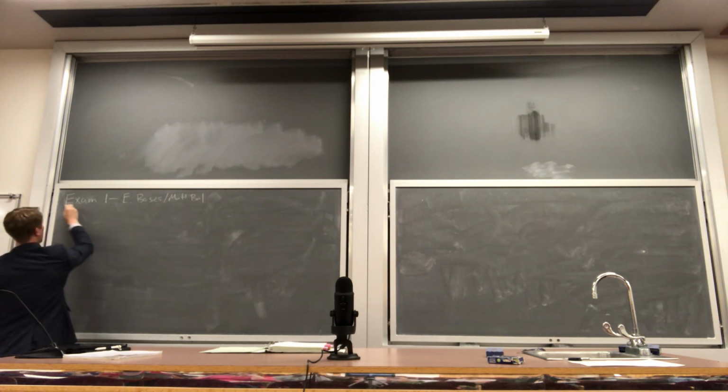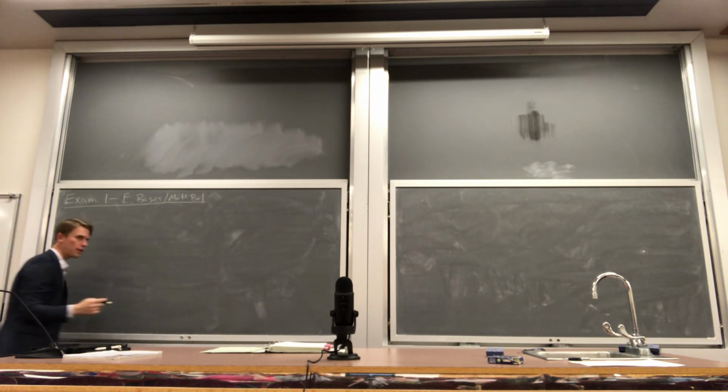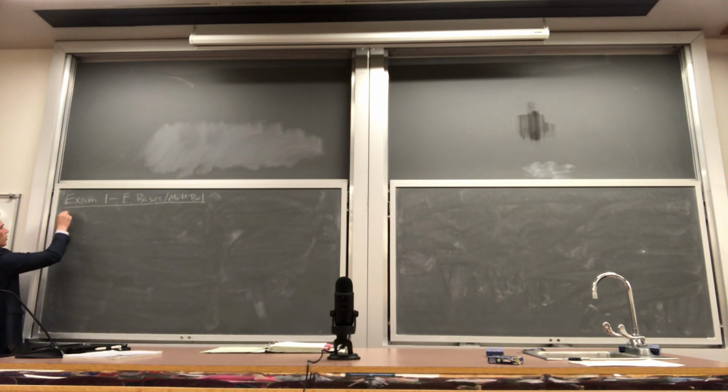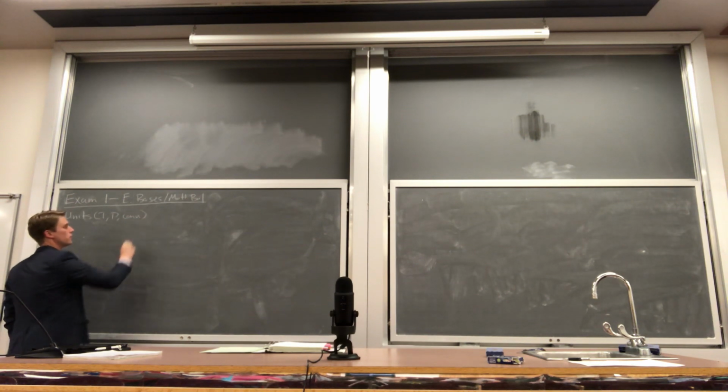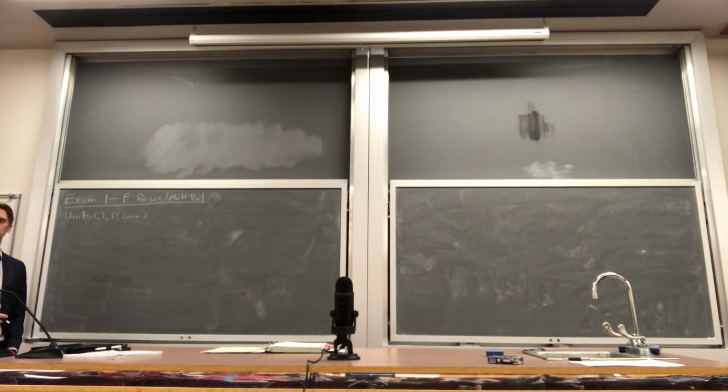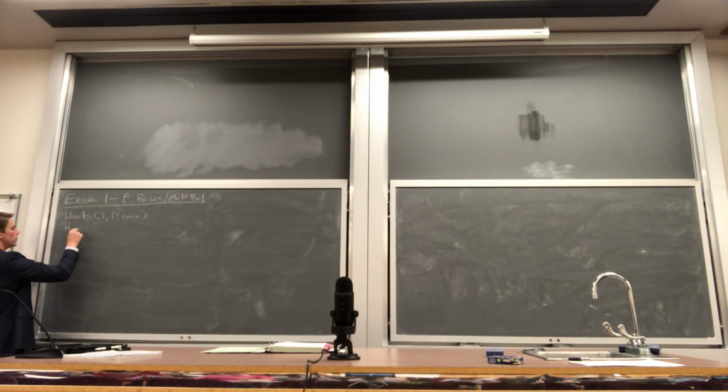Right, so the exam 1 content, if you can remember all the way back then, we had units. Right, so this could have been conversion, temperature, pressure, conversions, whatever the case. Hydrostatics.